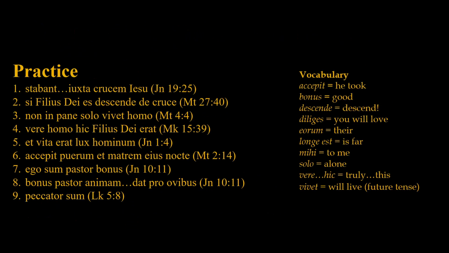Now usually, up to now, we've seen that the ablative will usually have some kind of preposition. That's not the case here. We don't have a preposition here. So we're going to have to put one in, okay? So he took the boy and his mother, that is the boy's mother, nocte, by night. He took the boy and the boy's mother, and his mother, by night.